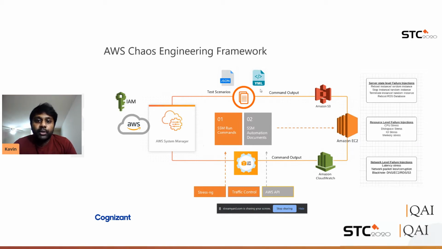So we are going to use those documents to run custom Linux commands of the stress-ng and traffic control components, which will automatically cause those resource level failures and network level failures in those particular EC2 instances. The command output, the stress scenario output, can also be written to Amazon S3 buckets, and also they can be stored as CloudWatch events.